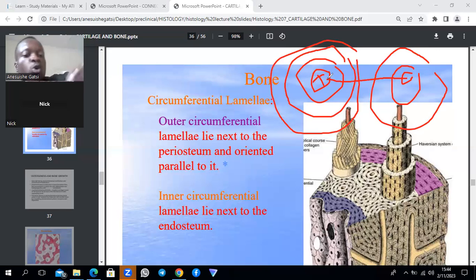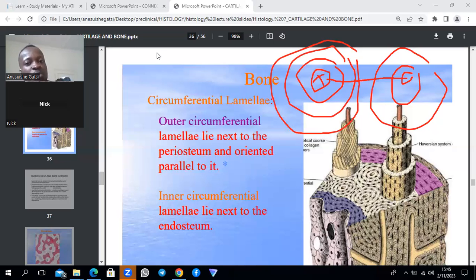What do they use to communicate? They have what we call perforating canals. So perforating canals join central canal to central canal. So this thing that I've drawn here is what we call an osteon or a Haversian system.